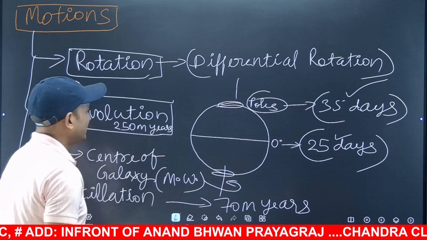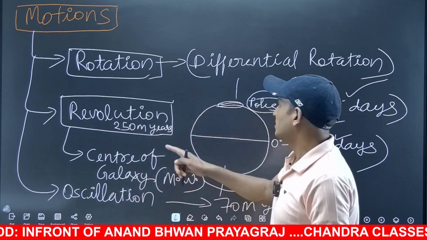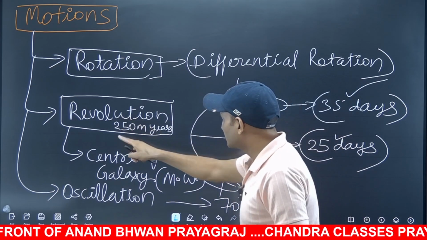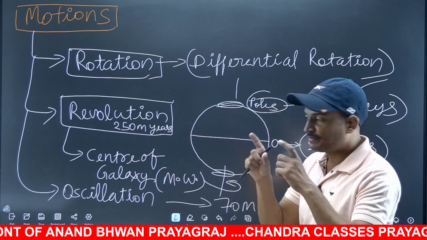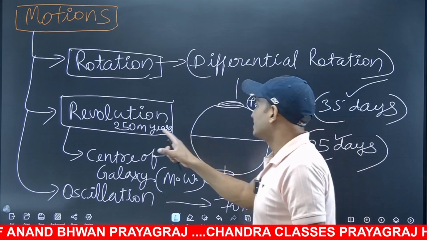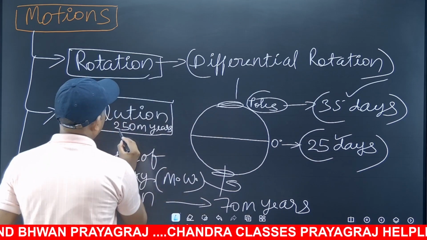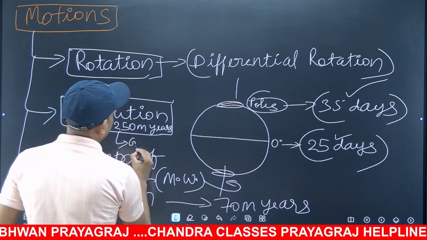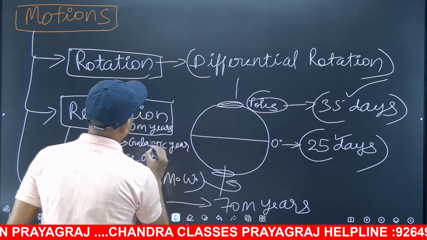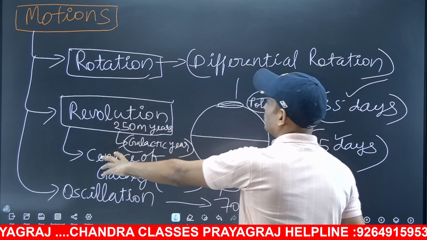So the sun completes one revolution around the center of the galaxy in around 250 million years, and that time frame is known as one galactic year. Galactic year is another important fact to be remembered. So this is all about the motions of the sun.